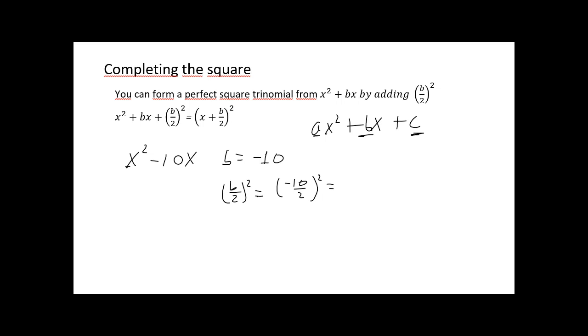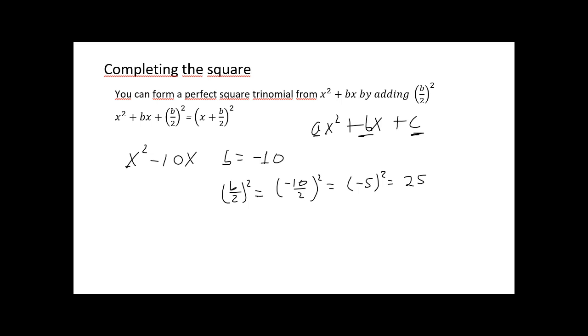Remember, here it is important to remember the order of operations. We do first the parentheses and then the exponents. Negative 10 divided by 2 is equal to negative 5, raised to the second power. And negative 5 squared is the same as negative 5 times negative 5, which is positive 25.